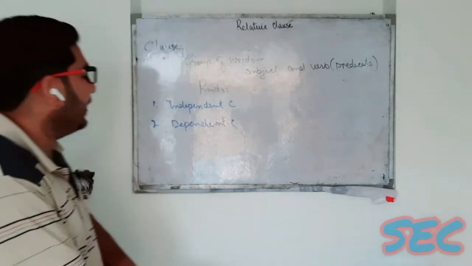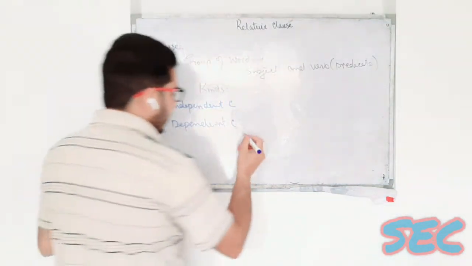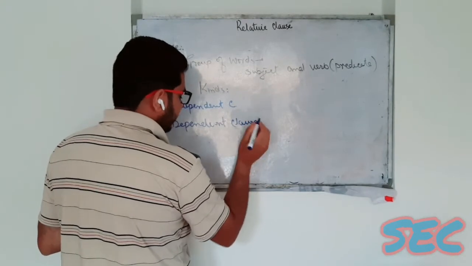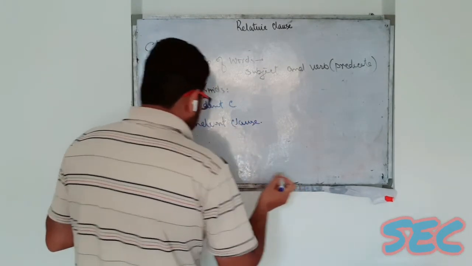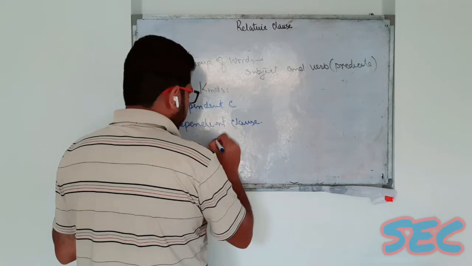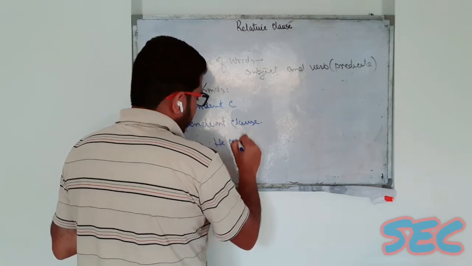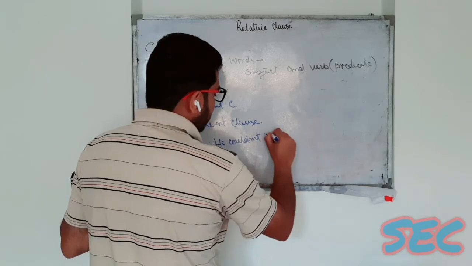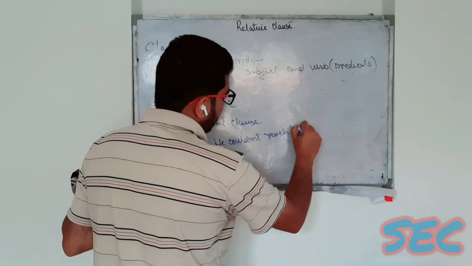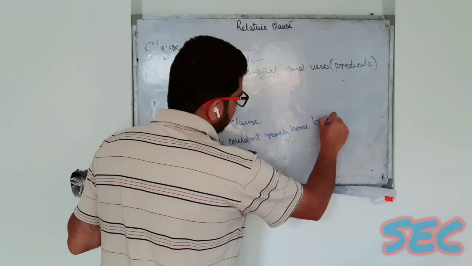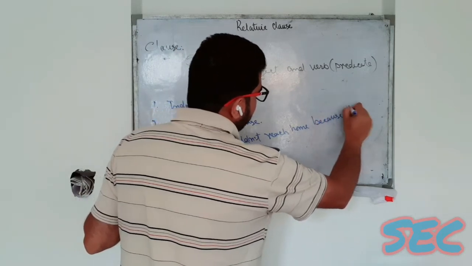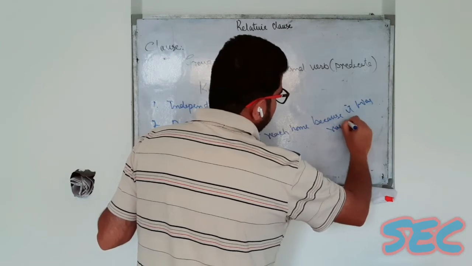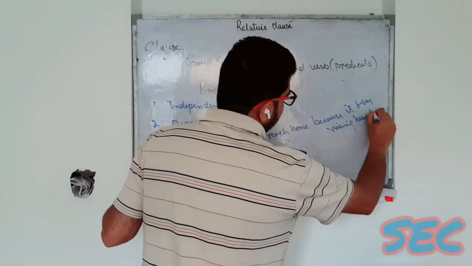Now, dependent clause. I'll write another example. He couldn't reach home because it was raining heavily.